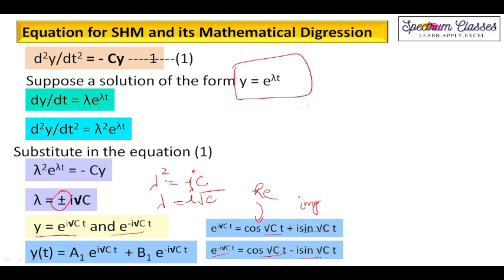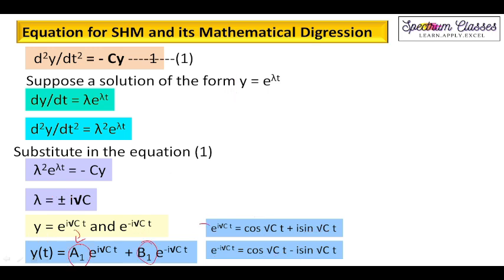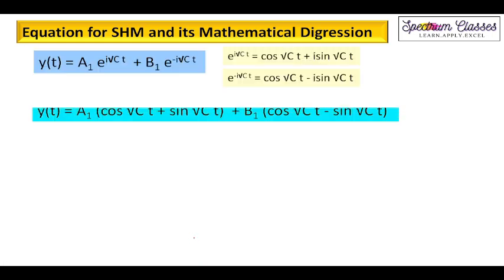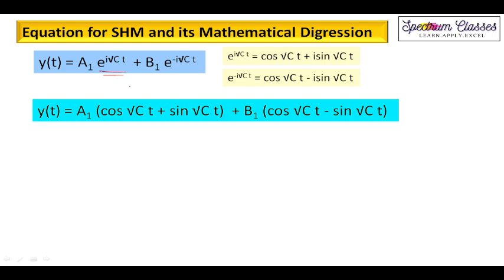This is our real part and this is our imaginary part. On putting the value of e power i root c t and e power minus i root c t in this equation, I will get a1 e power i under root c t plus b1 e power minus i under root c t, which I have written over there.